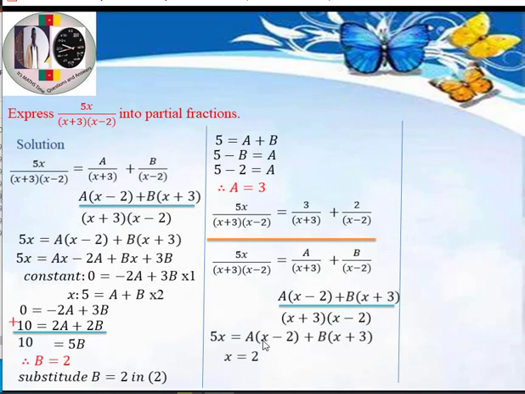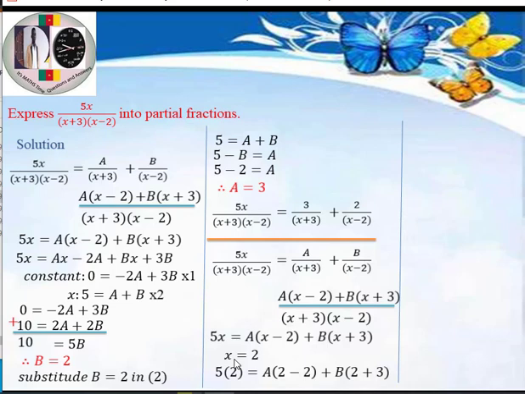So for x equals 2, we are going to have 5 times 2 equals a into 2 minus 2 plus b into 2 plus 3. So 5 times 2 is 10, 2 minus 2 is 0, 0 times a is 0, so a is gone.